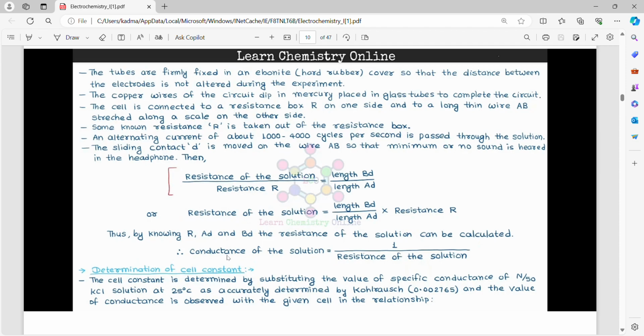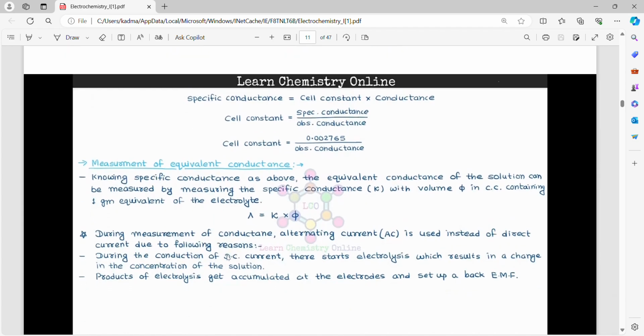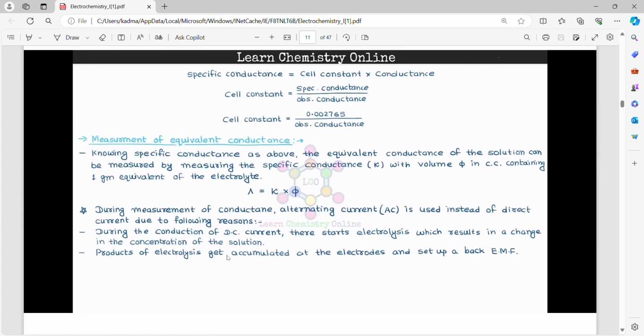Determination of cell constant. The cell constant is determined by substituting the value of specific conductance of N by 50 KCl solution at 25 degrees Celsius, as accurately determined by Kohlrausch, and the value of conductance observed with the given cell in the relationship: specific conductance is equal to cell constant into conductance.